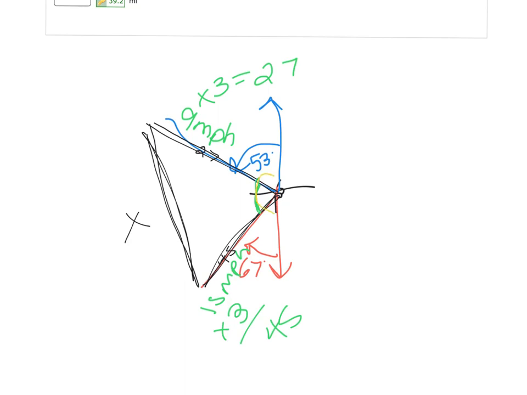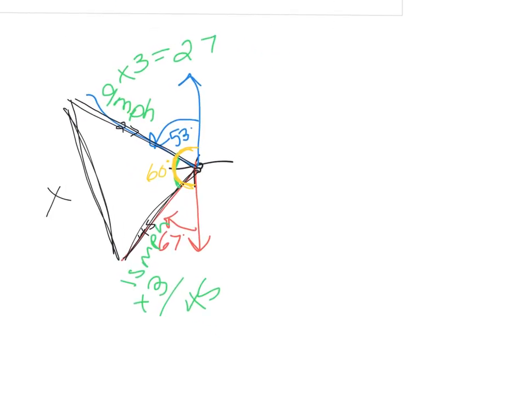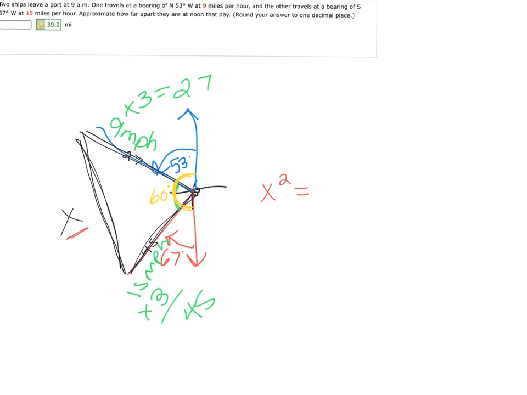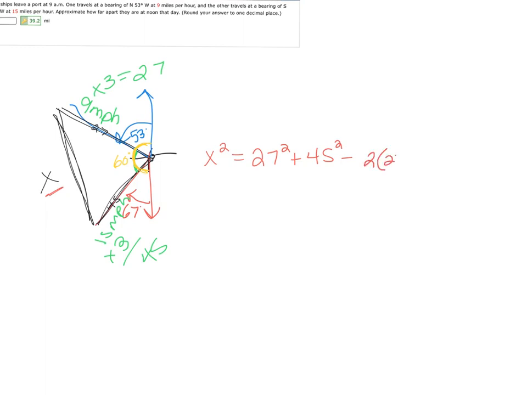What's true about all three of these angles? They add up to 180, right? So if I do 180 minus 53 minus 67, the inside angle is 60. Now I've got law of cosines, right? So if I wanted to find this side, x squared would equal the other two sides squared added together, so 27 squared plus 45 squared minus 2 times 27 times 45 times the cosine of 60.